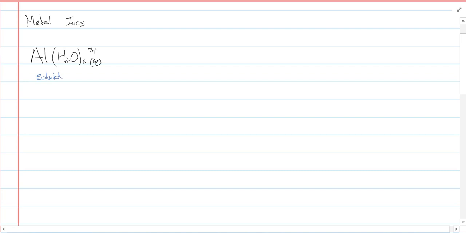Let's talk metal ions real quick. So when we have a metal ion, like aluminum, in water, if aluminum is an ion in water, it's solvated. So this would be solvated. We have more water around.